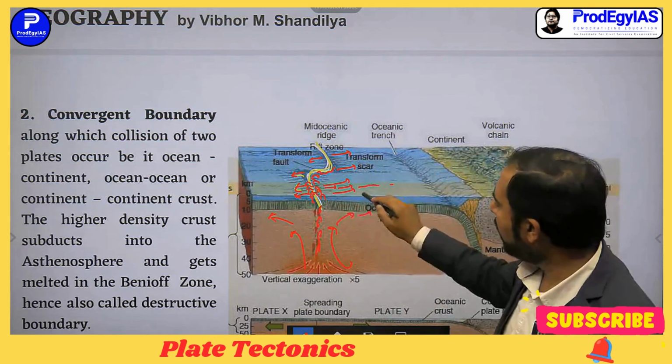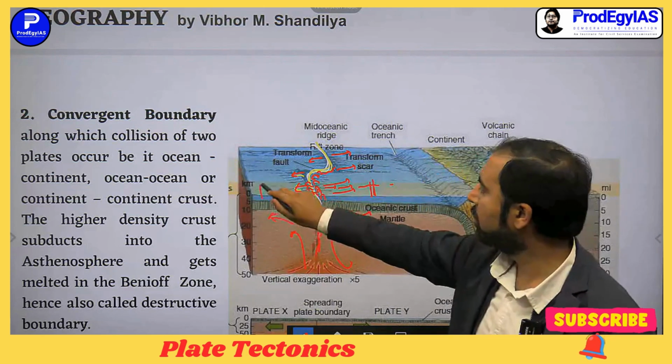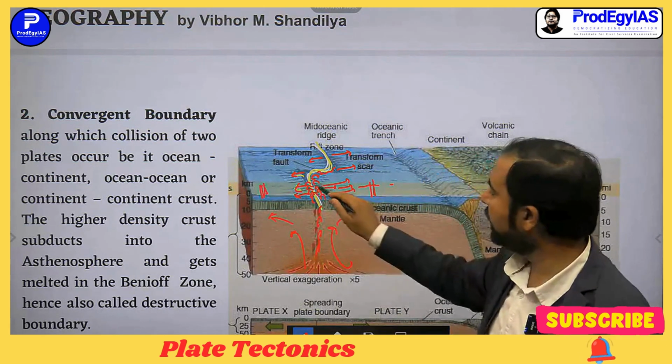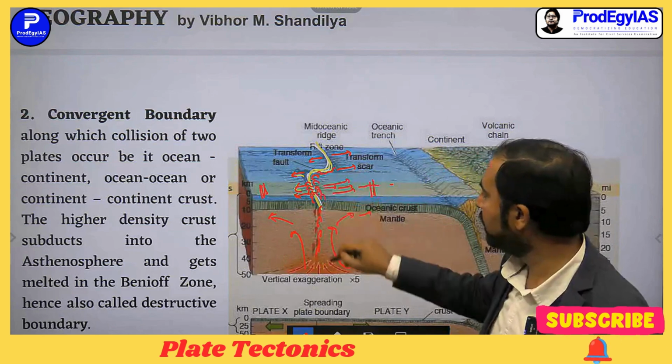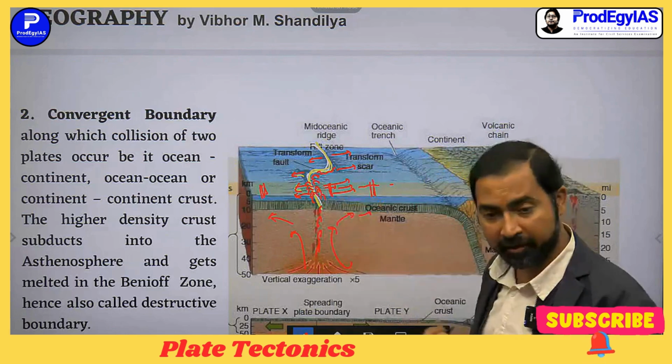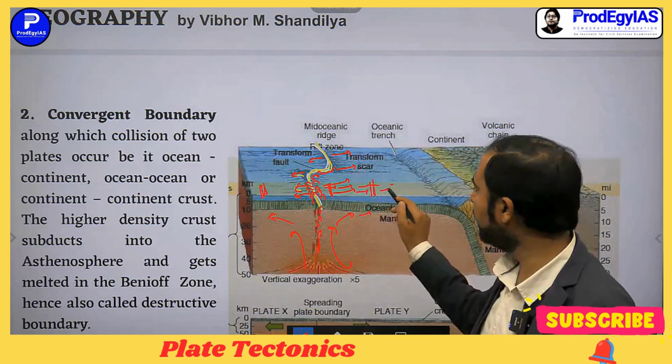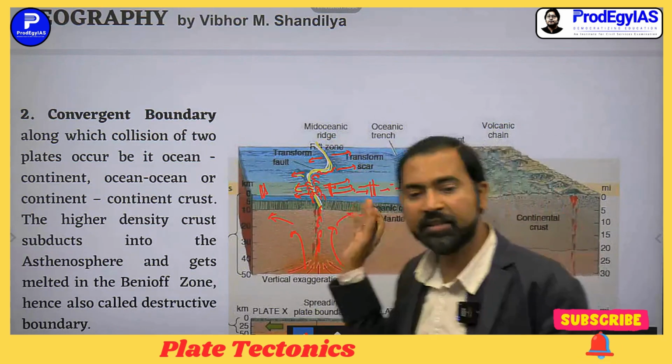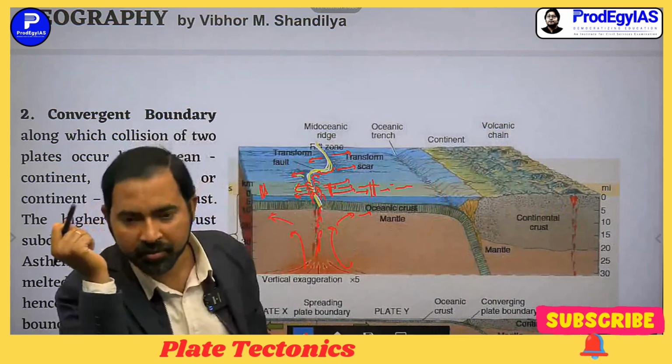It means the older magma you will find away from the mid-rift area. The magma which is found here is younger because the older magma will move here, here, here. And this is what Harry Hess observed.